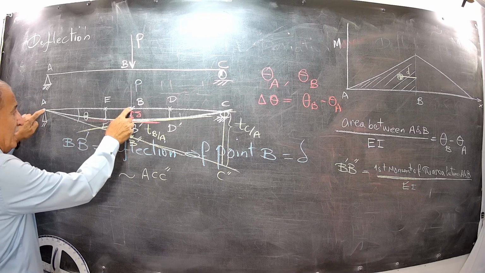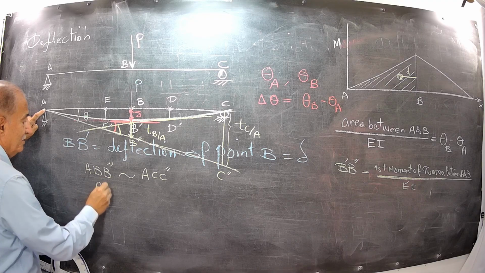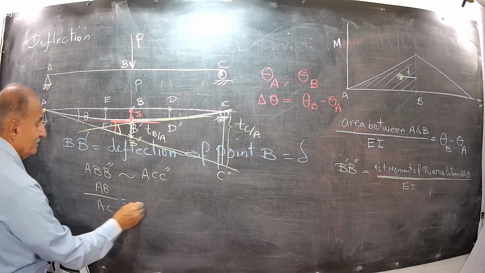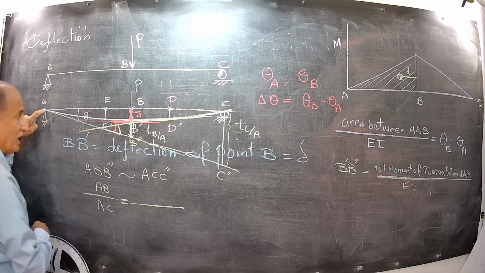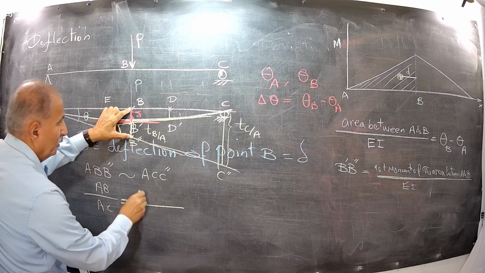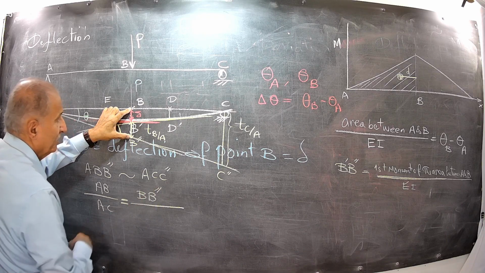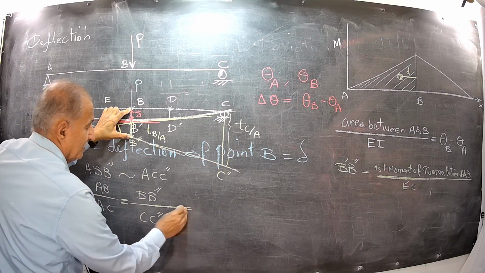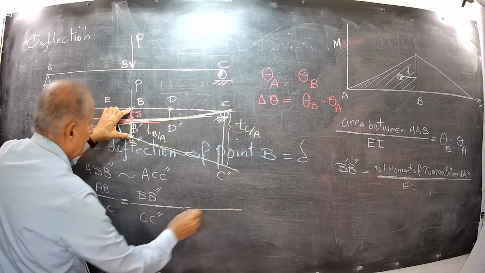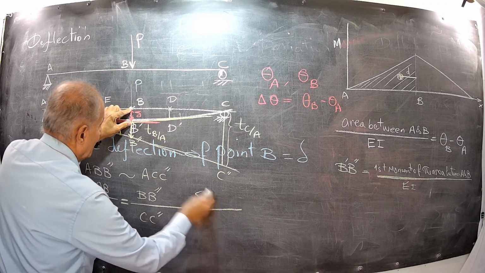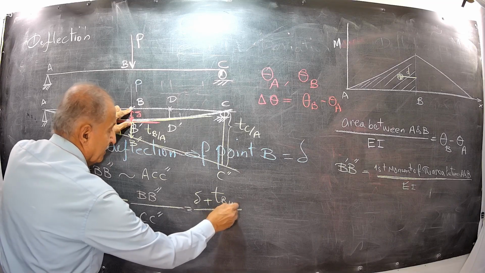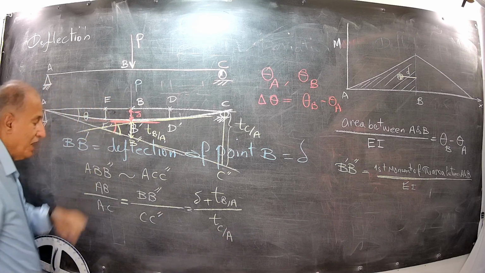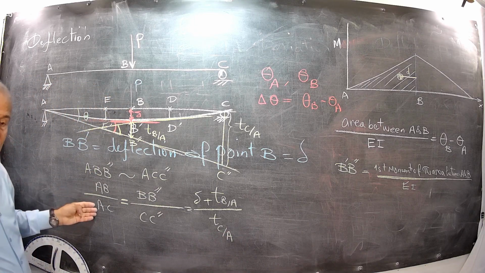It means that AB from the small triangle divided by AC from the larger triangle, similar sides, is equal to BB double prime divided by CC double prime. What is BB double prime? It is deflection plus TBA. And what is this one? TCA.